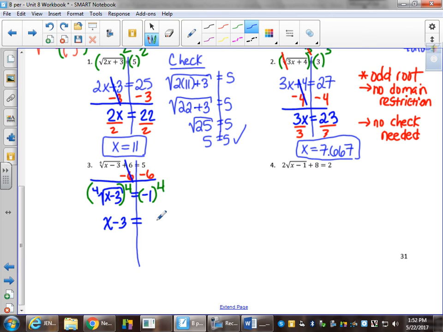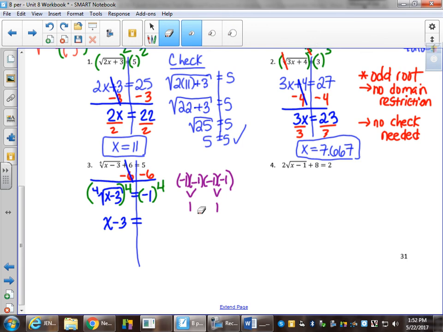And then negative 1 to the fourth, is that a positive 1 or a negative 1? Well, if I think about it, that's 1, 2, 3, 4 negative 1s. That's a positive 1. 1 times 1 is positive. So it's a positive 1.